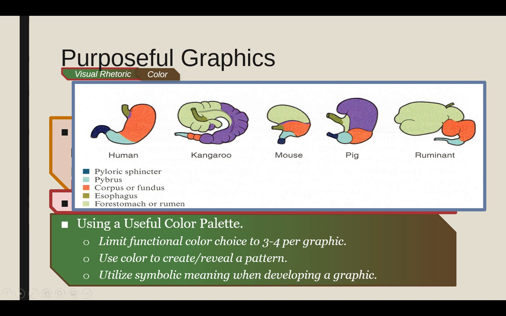This is from your textbook, okay? You have 1, 2, 3, 4, 5 colors, okay? Now, that's one more than what they recommend, but it's still pretty evident of, okay, here's what we're focusing on. And you can see some of those colors aren't common throughout, so I'm using it more to highlight certain features. I also have the one thing that's common to all of these stomachs is the corpus or fundus, right?